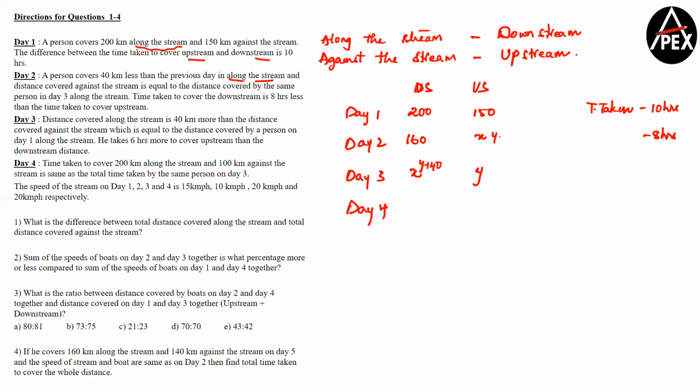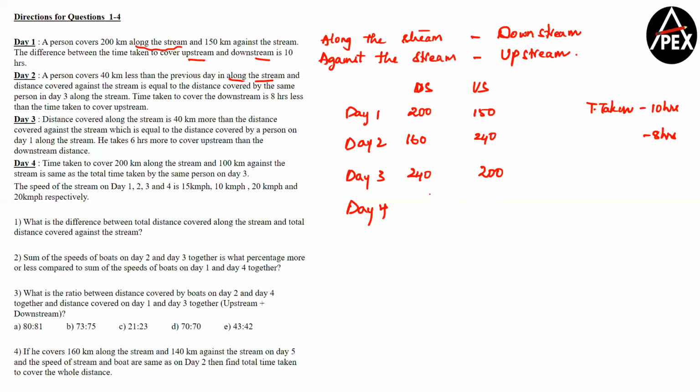This y is equal to the distance covered by the person on day 1 along the stream, which is 200. So y is 200, and this will be 200 plus 40, 240. So this will also be 240.